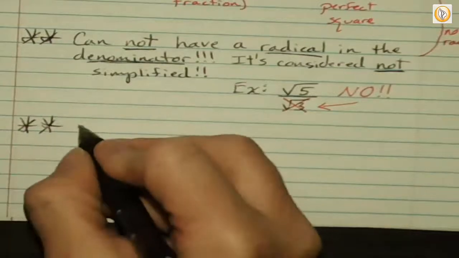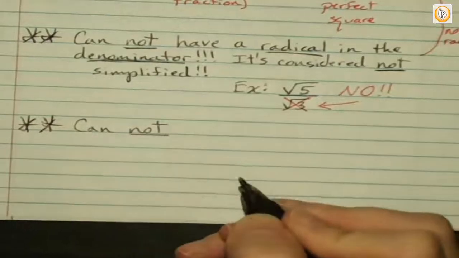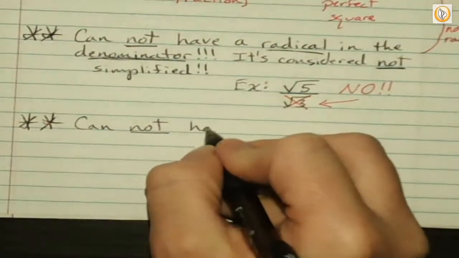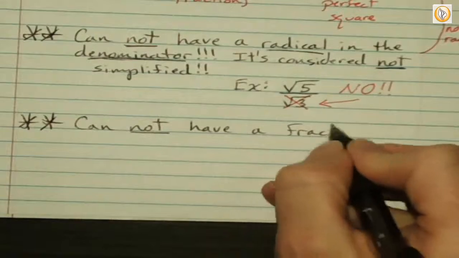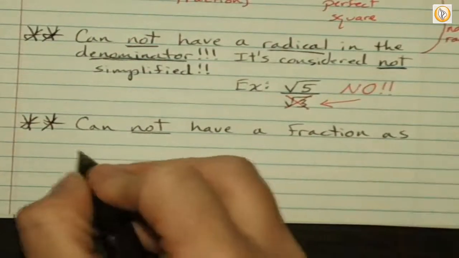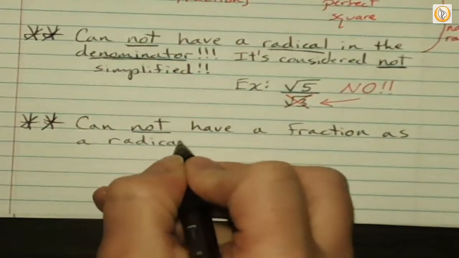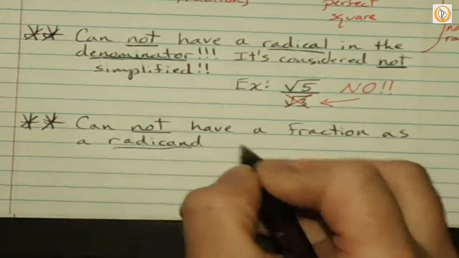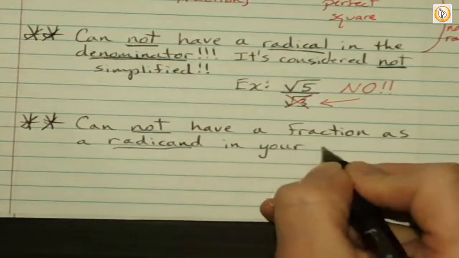All right. You can write this down. You cannot have a fraction as a radicand either. I'm about to show you.